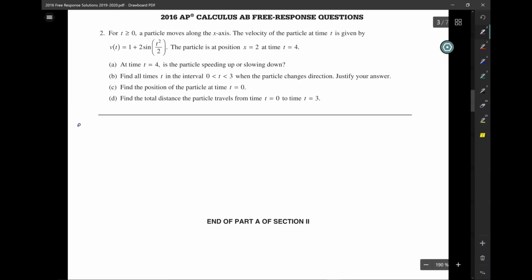So what do we need to look for? The sign. So we want V of 4. This is a calculator problem, right? So you just plug it in. And that's 2.979, and you just say that's greater than 0.